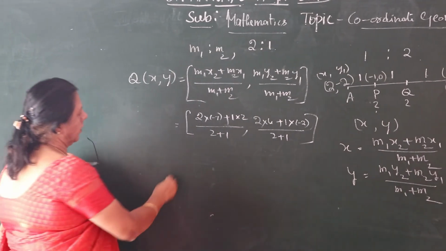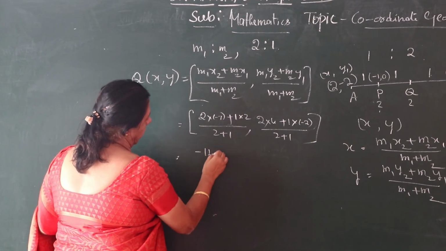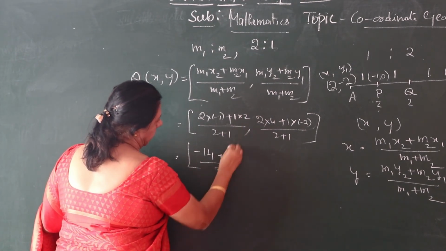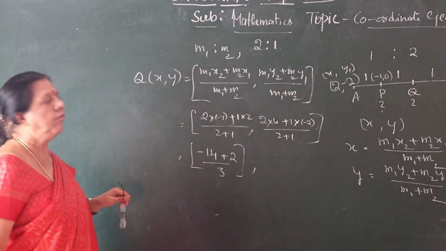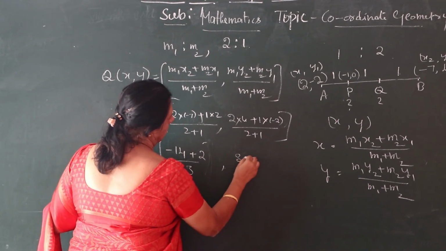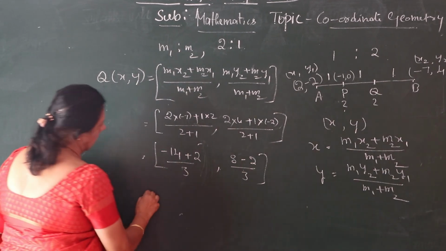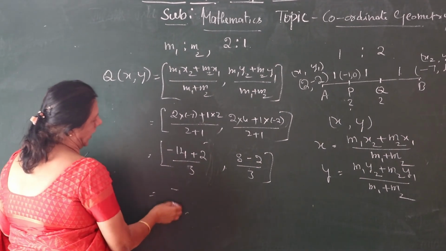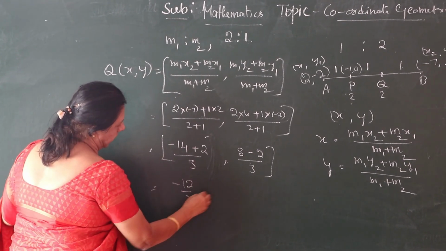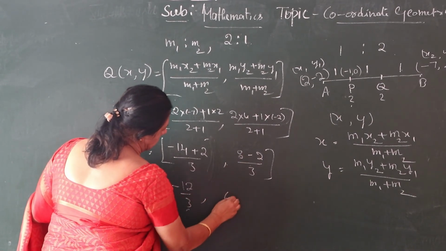Now simplify it. Here plus into minus: -14 plus 2, that is -12 by 3, comma, 4 into 2 is 8, plus 1 into -2, 8 minus 2, 6 by 3.